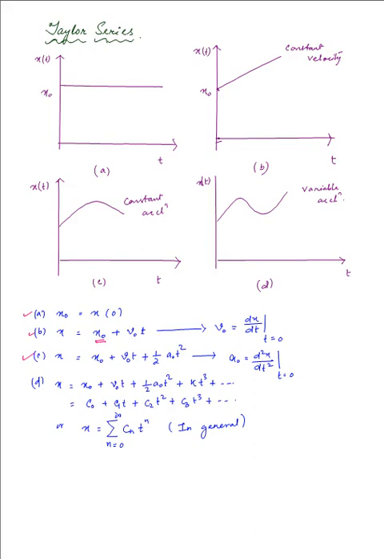We can in general consider an infinite series where x is equal to a summation of Cn t raised to the power n, summed from 0 to infinity. Again, it may end anywhere in between, but for the general case we can consider that kind of summation. Now this tells us about the variable acceleration case.